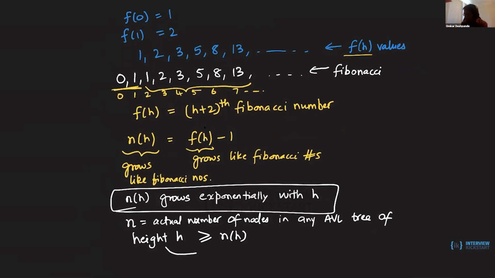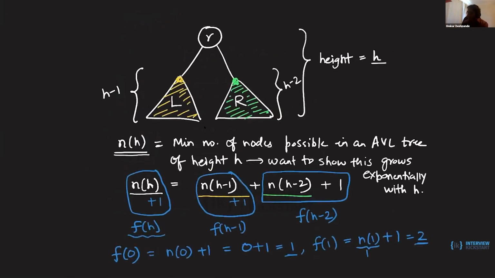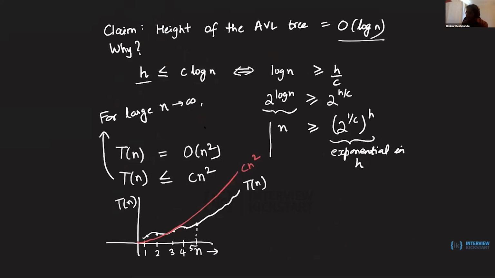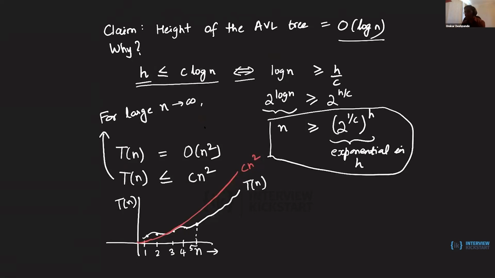So that means this also grows exponentially with h. And that means we can go back and claim that we have proven this, or equivalently we have proven that h is order log n.